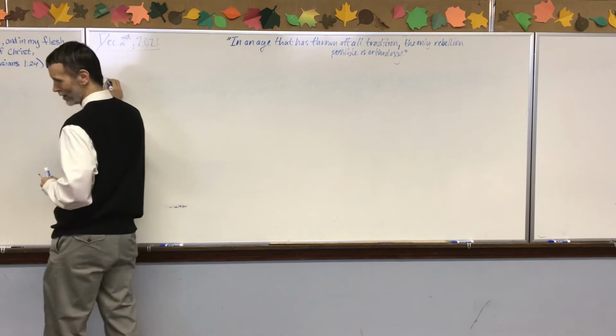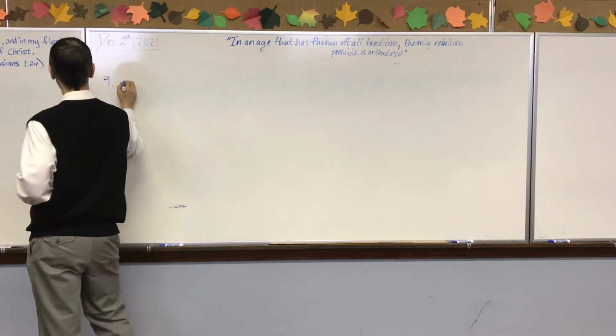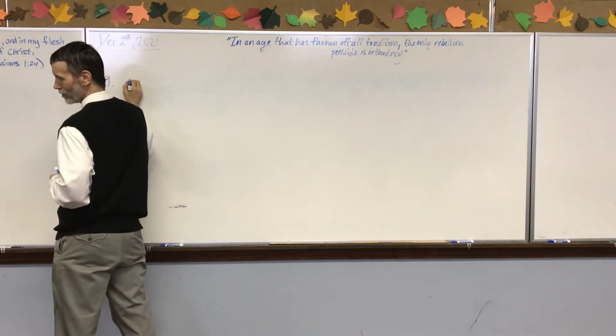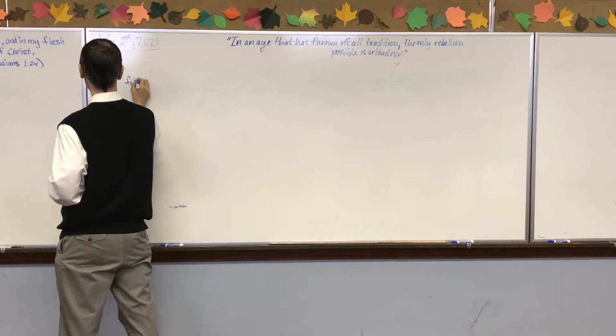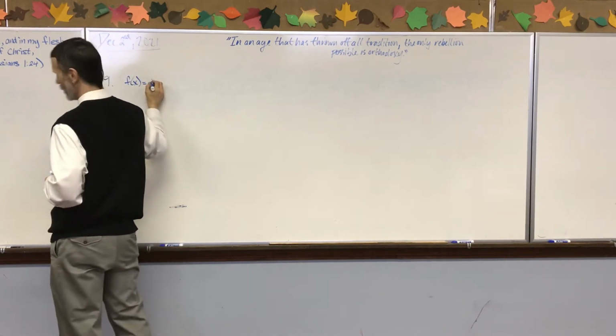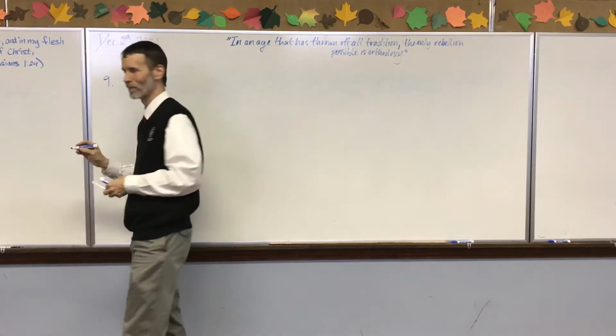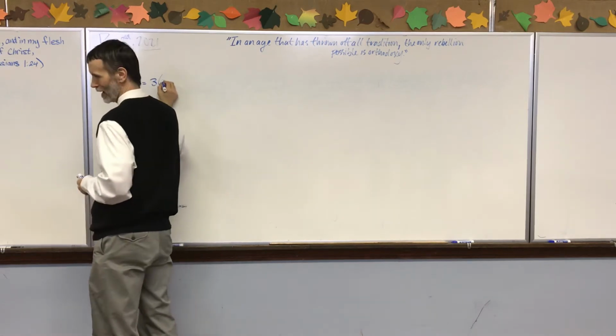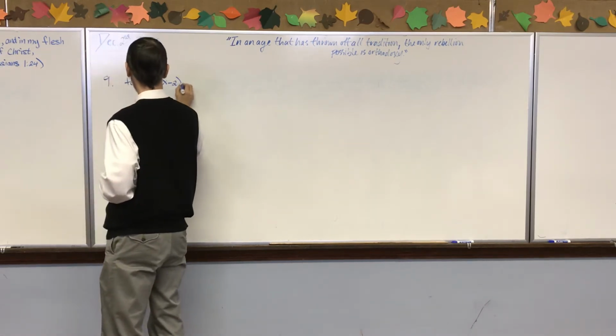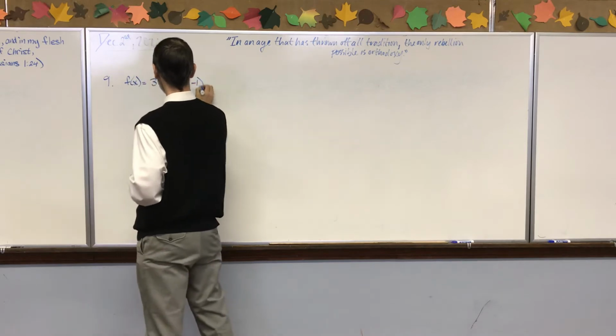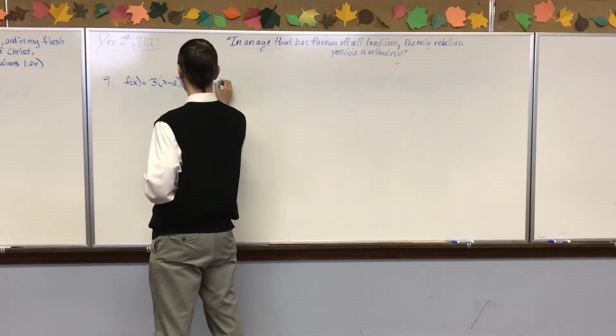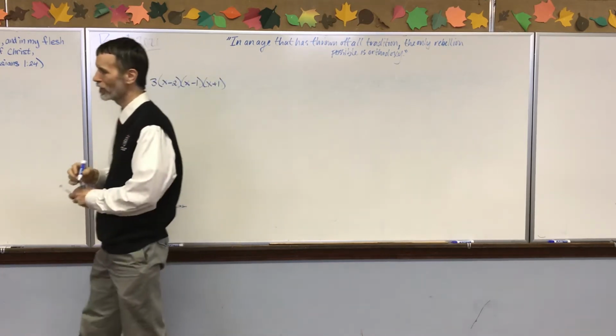Let me just write this down. This is number 9 again. So it looks like this. F of x, or y, whatever you want to call it. The height multiplier should be in front, 3, followed by x minus 2, followed by x minus 1, followed by x plus 1. So those are 3 of the 7 roots.